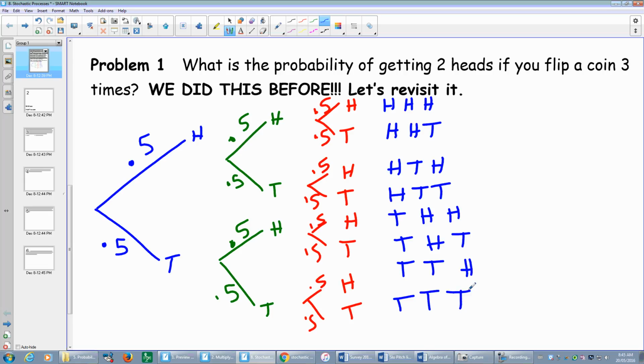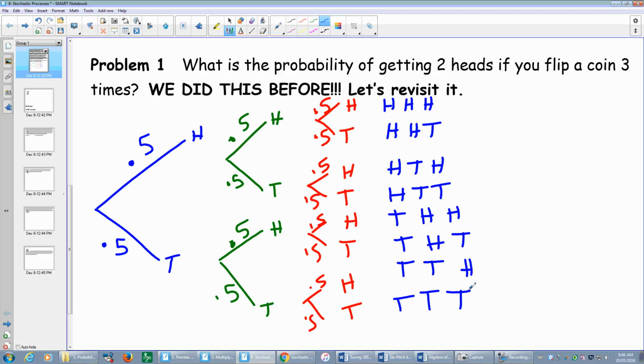This is what we did the first time. Does anyone have any questions about what I've just drawn up there?